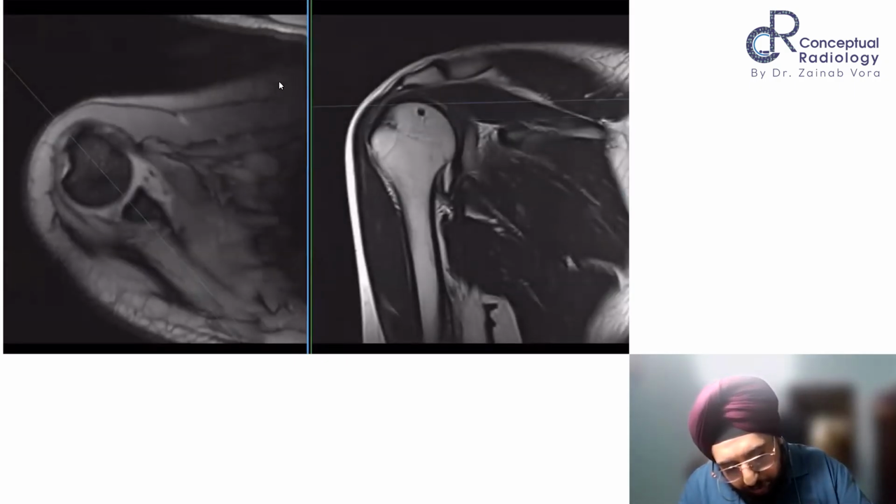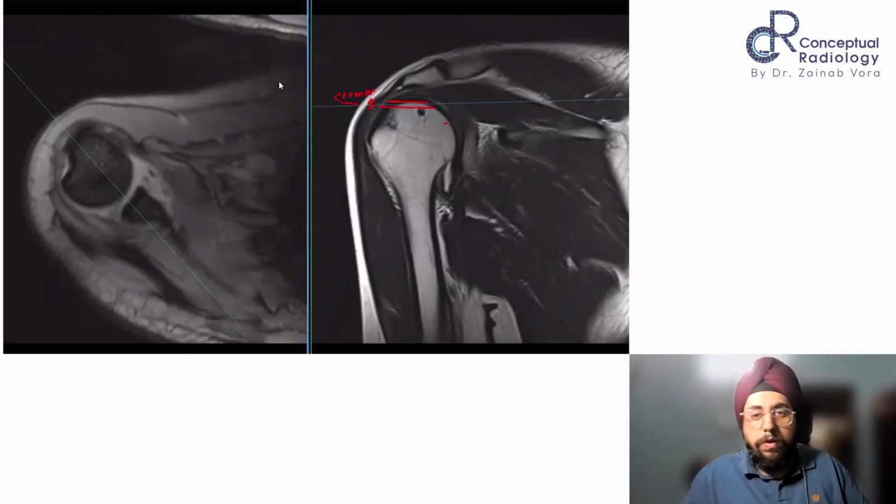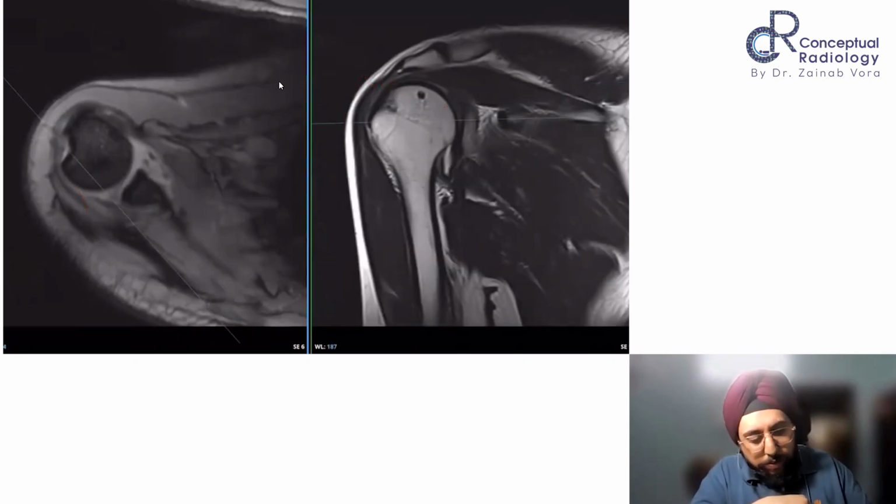Then you take this reference point, which is the top of the humeral head, and then you see where you can see the maximum part. Suppose it's here only. Then you can measure this distance from your DICOM images. So this should be less than 20 mm.